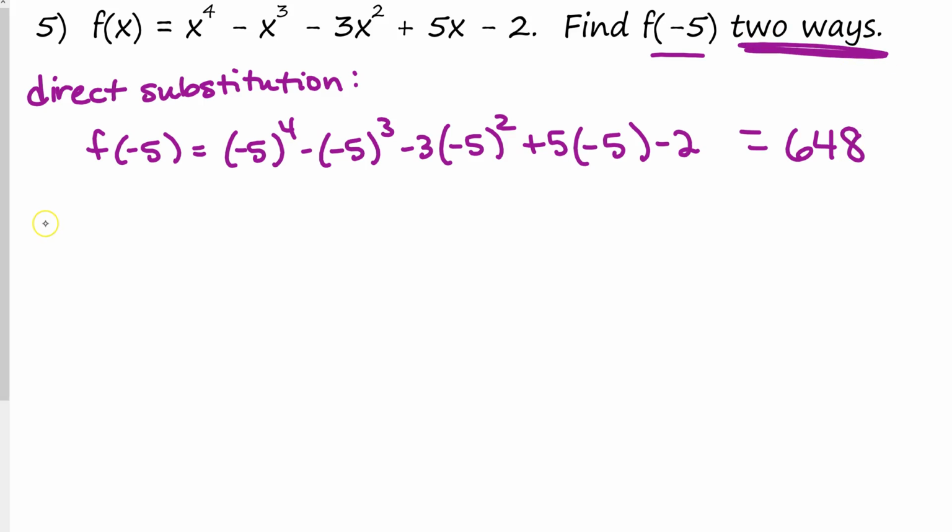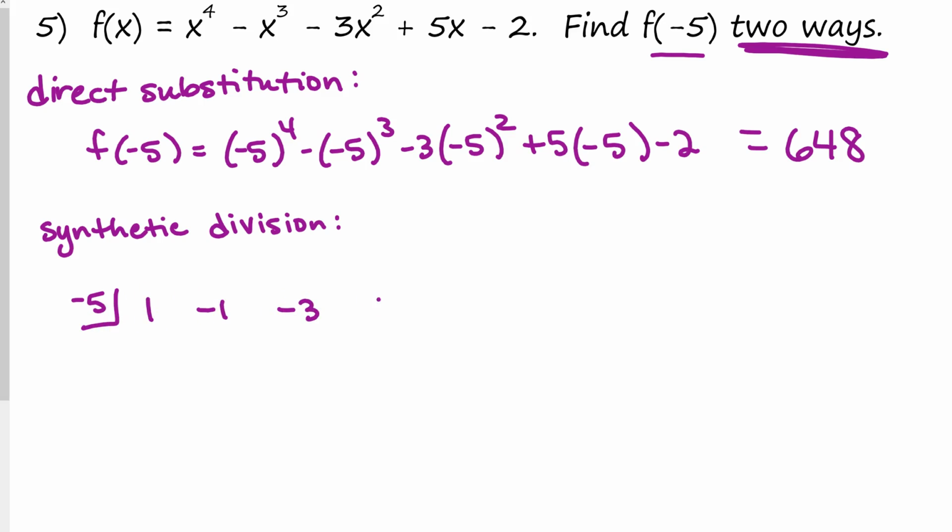The other way is to use synthetic division and see what we get for the remainder, because the remainder is the y-coordinate of the point. So for -5, we put -5 in the box, 1, -1, -3, 5, and -2. Bring down the 1, multiply by the number in the box, write it down and add, we get -6.